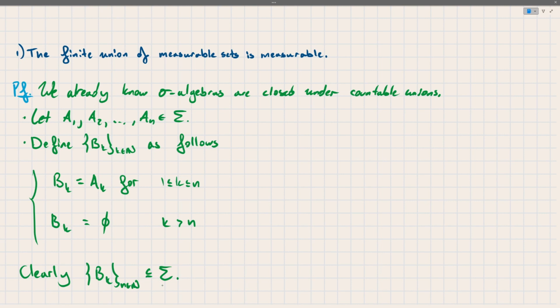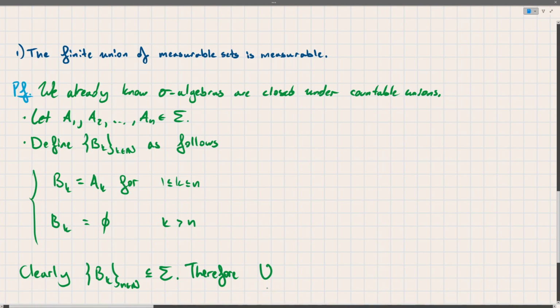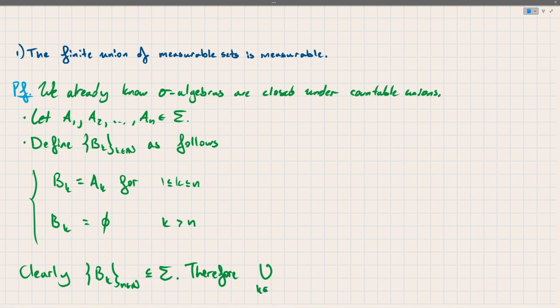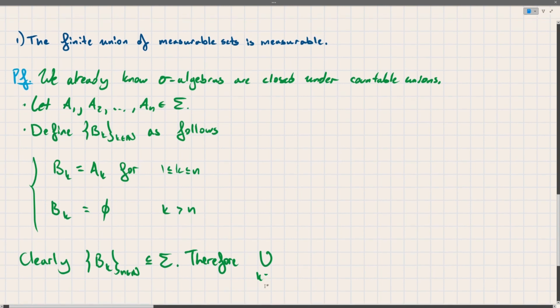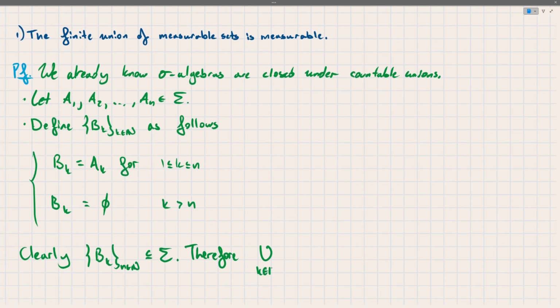Therefore, right, using that property of sigma algebras that we know, therefore the countable union, this is a quick way of writing the union from k is an element of the naturals. Sorry, I want to make sure this is clear for you to see. Therefore, the countable union here is a measurable set. It's an element of the sigma algebra.